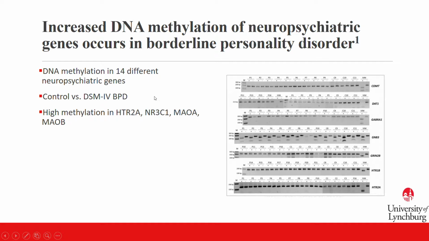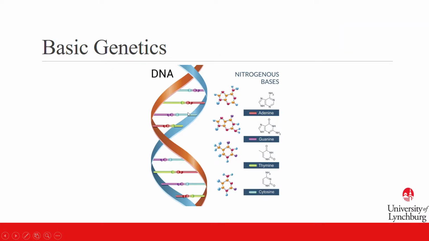The other genes that seem to be highly methylated are those involved in anti-inflammatory and very, very different methylation processes. However, the function and how these play a role in borderline personality disorder are not well known, and really aren't going to be the focus of this presentation.